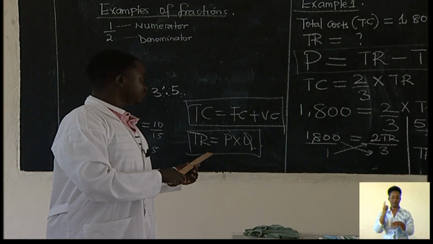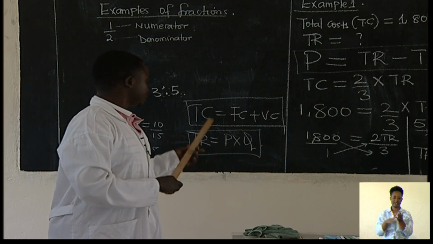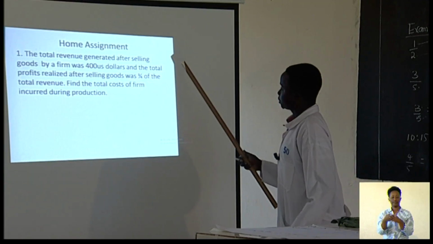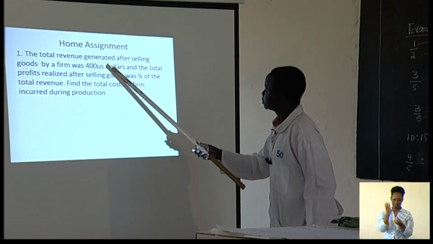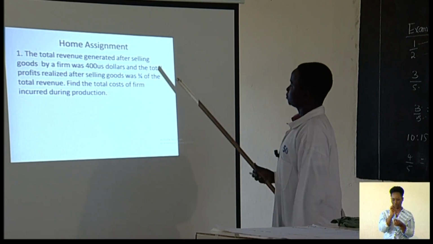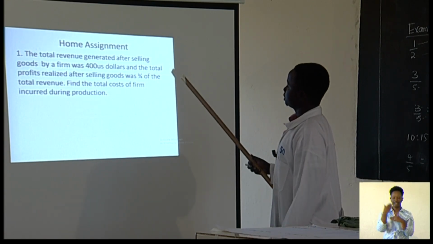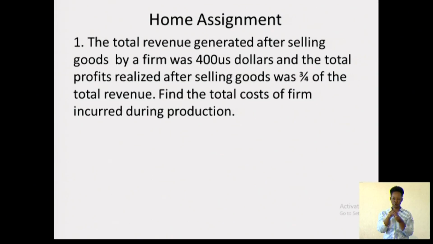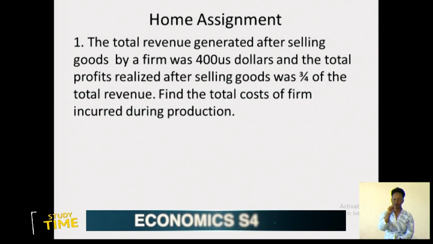You have been given total revenue, and they are telling us that the total profits realized after selling those goods were 3 out of 4 of the total revenue. Now they want you to find out the total costs of the farm incurred during production.